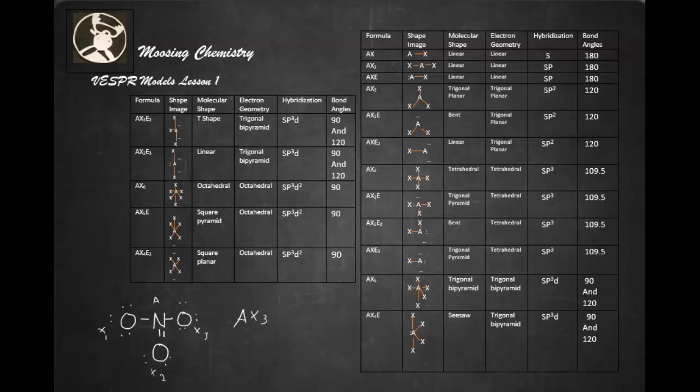Well, an AX3 model is right, let's find it. It's right here. And it's called a trigonal planar. Interesting. However, we're making it look more like a T, so we need to actually fix that drawing.